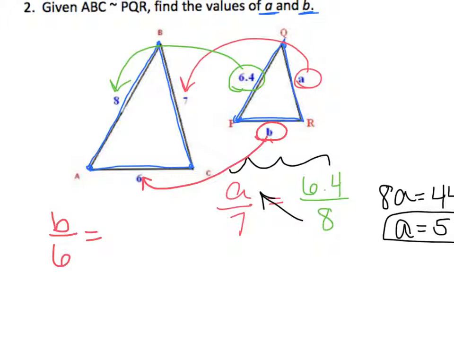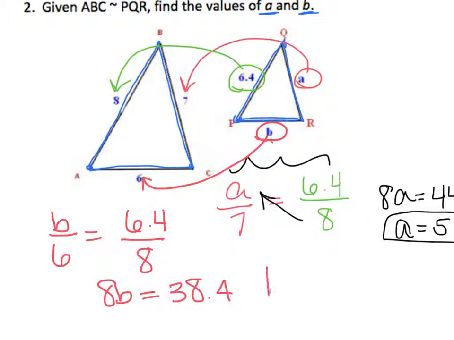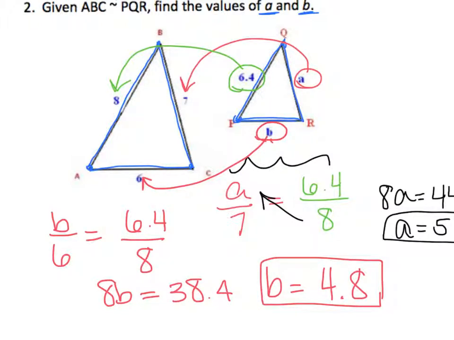I'm going to go ahead and use that 6.4 again and the 8, just because those are givens. I know that I didn't mess anything up there. So 6.4 times 6 is 38.4, and then I'm going to divide by 8. So B is going to equal 4.8. Okay, so those are similar figures level 1.